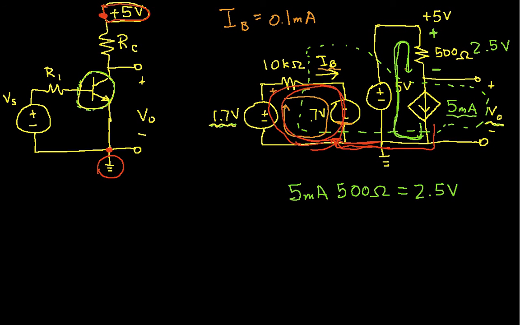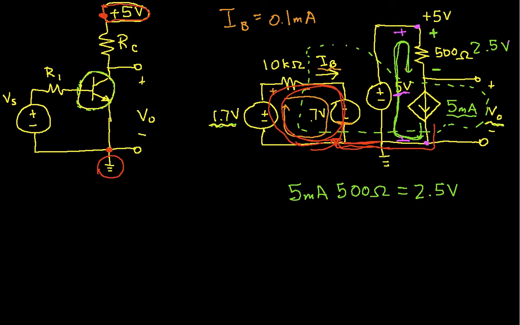Okay, so again I can apply KVL to figure out what the voltage across the source is. And I'm going to do that, but I'm going to do it in a way that is somewhat less formal than we've been doing in the past. I'm going to try to reason through this because this is actually a much easier way ultimately of doing it. This 5 volt source sets the voltage from here to here equal to 5 volts. So there's a 5 volt drop from this point to this point.